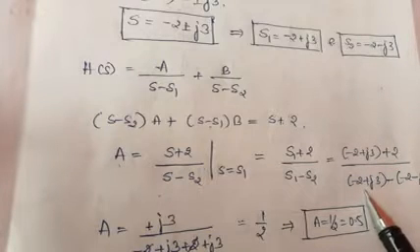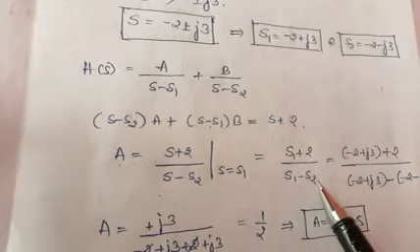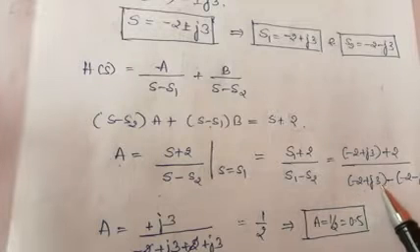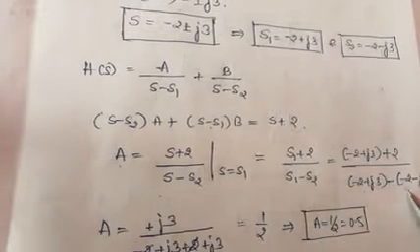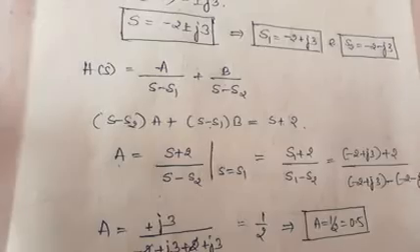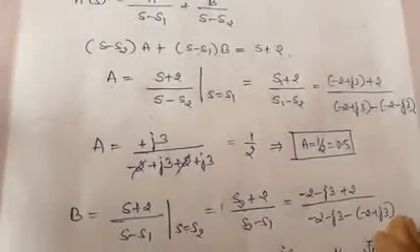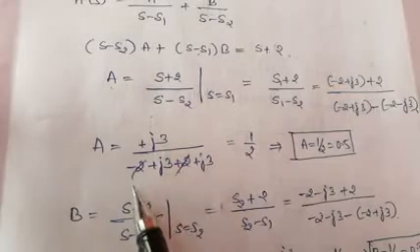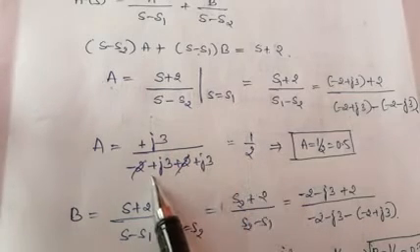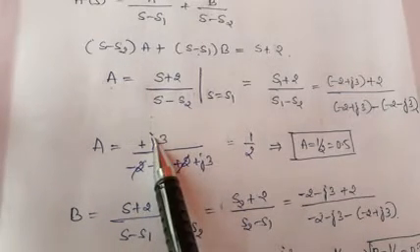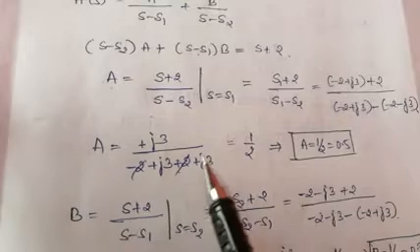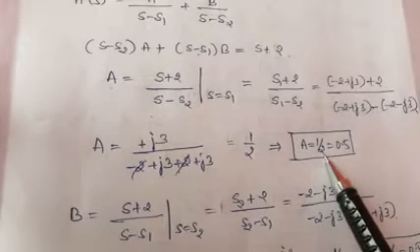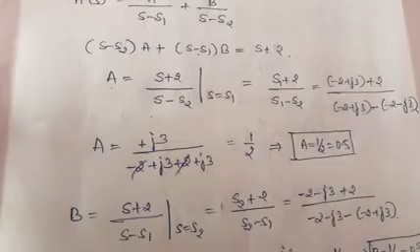Similarly in the denominator, substitute the values of s1 and s2: minus 2 plus j3 minus (minus 2 minus j3). After simplifying, the numerator becomes j3 and the denominator we get 2j3. The j3 cancels and we get 1 by 2, hence A equal to 1 by 2, that is equal to 0.5.